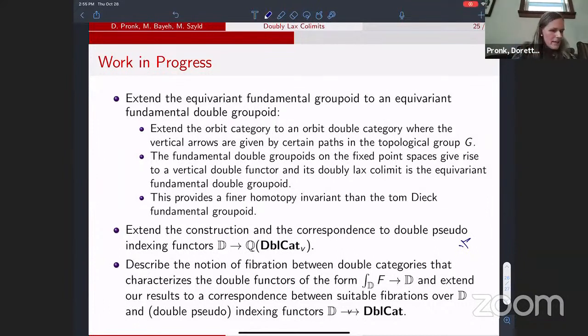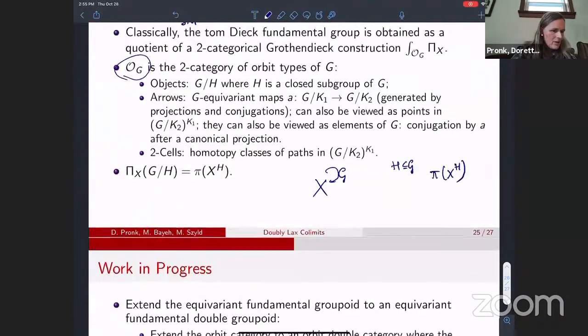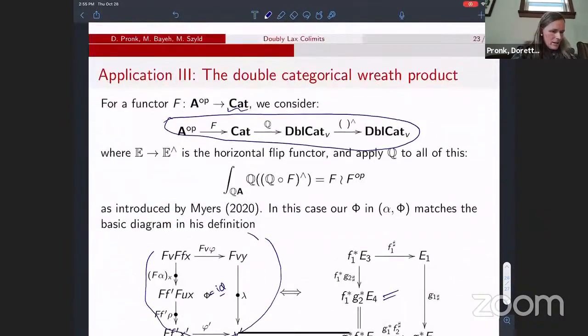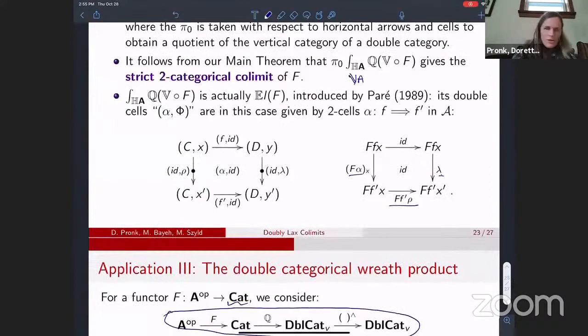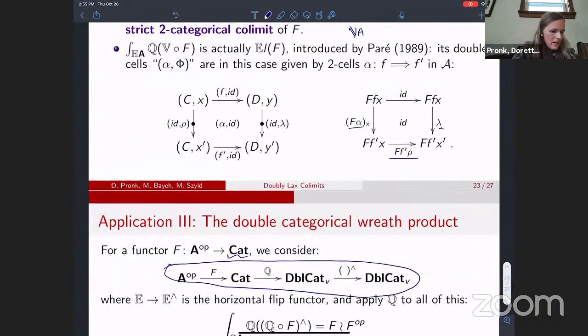I'm thinking, like earlier on, we were looking at different compositions. Here I was looking at the composition with Q, but you could do the same thing with H or V. Actually, David, to come back to your question, there might be something to the fact that we have double cat V there.